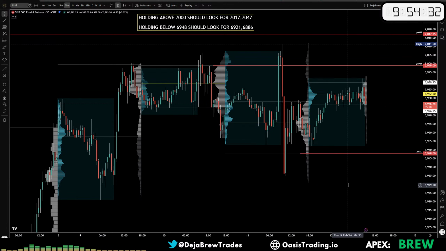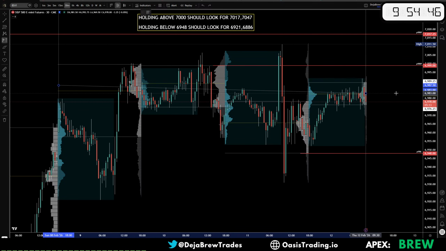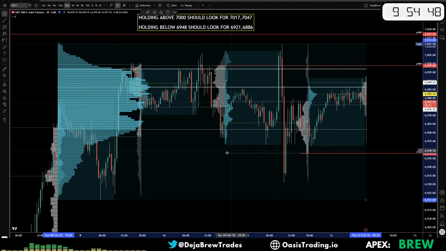One thing I forgot to talk about during the recap yesterday was how you can use an overlapping profile when stuff like this happens. So if you wanted to grab a composite profile of the entire range, you could do that.